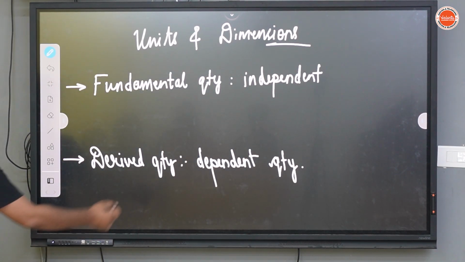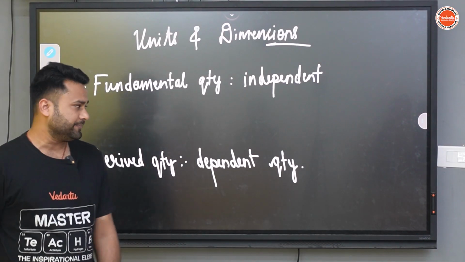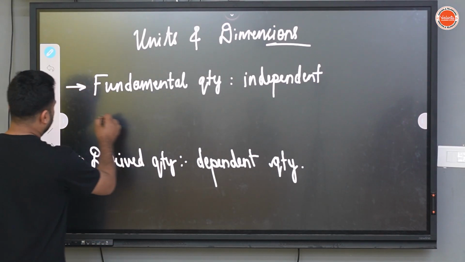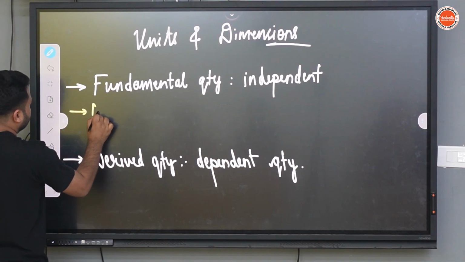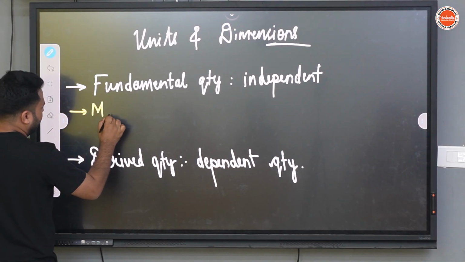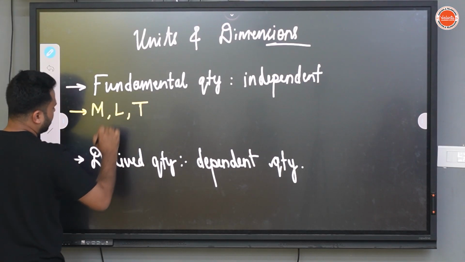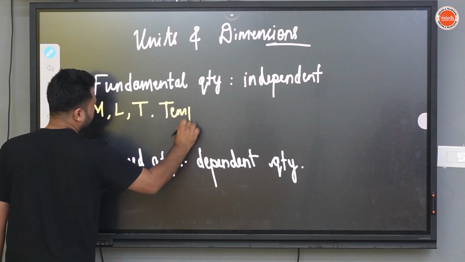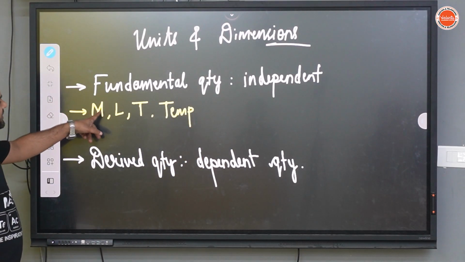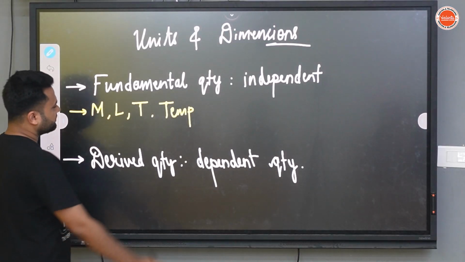For example, fundamental quantity, how many fundamental quantities are we having? 7. See, what are the fundamental quantities I am writing here? Mass, length, time, temperature, 1, 2, 3, 4.